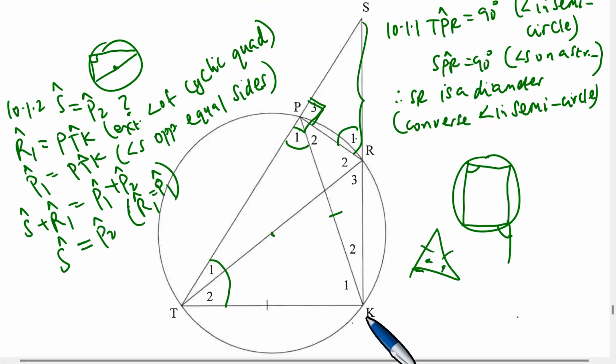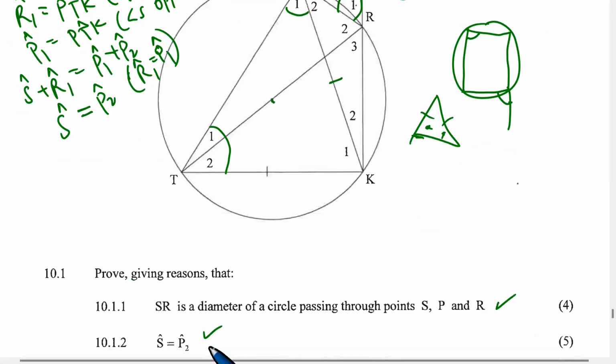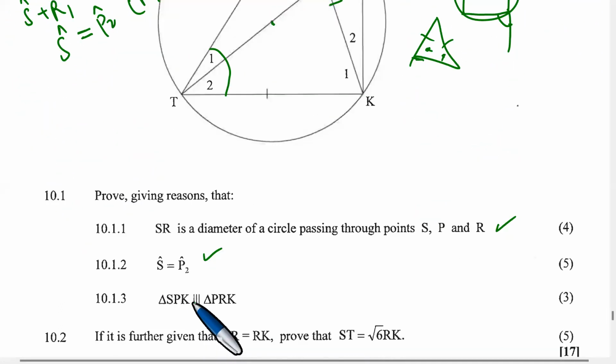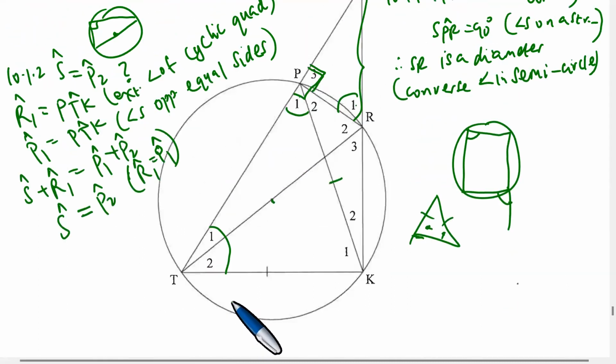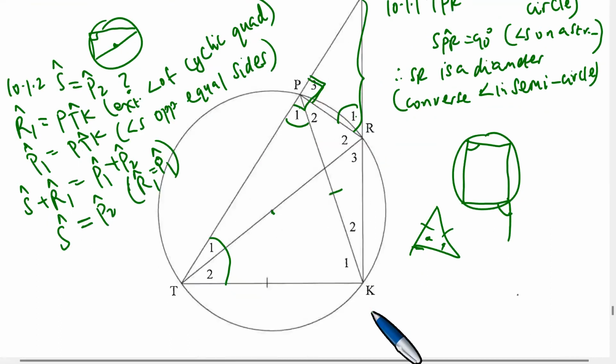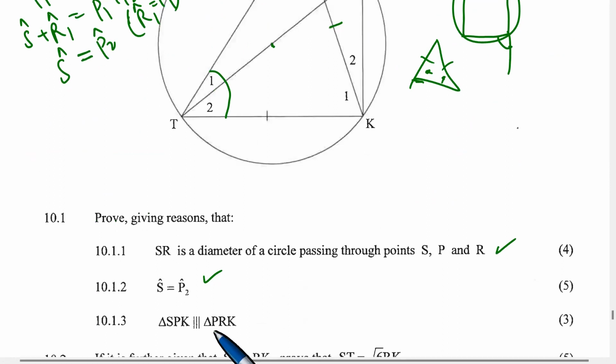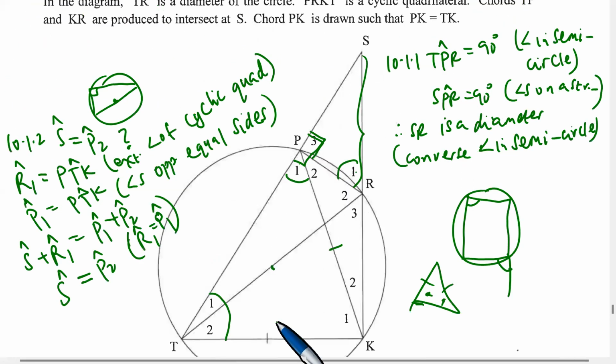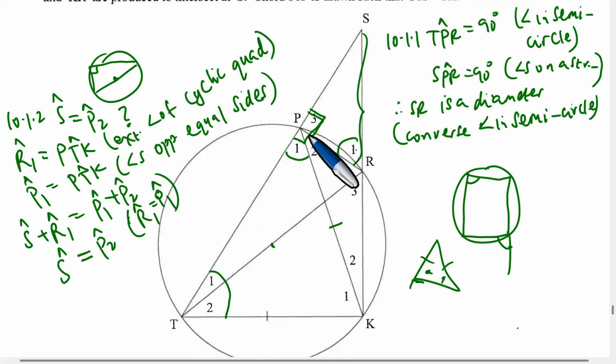Right, so in 10.1.3, we need to just prove that triangle SPK is similar to PRK. Let's look at triangle SPK and PRK.